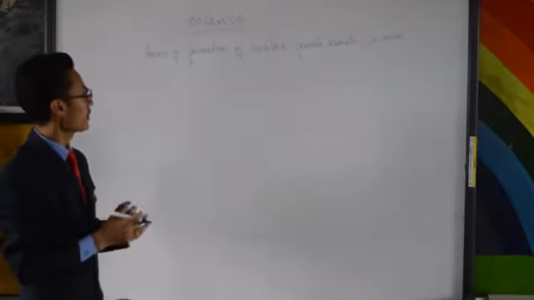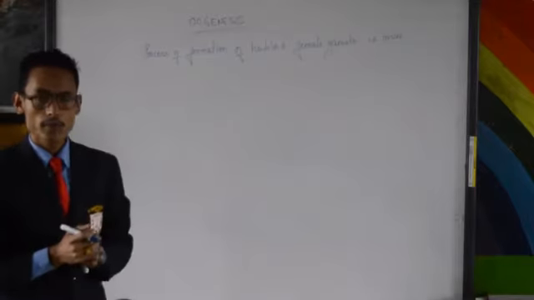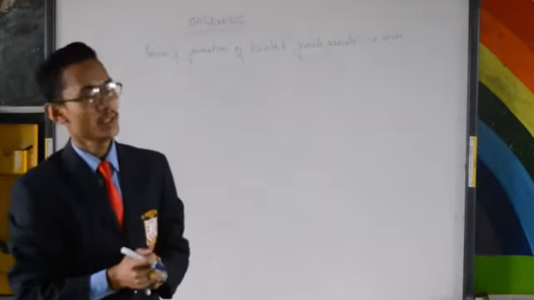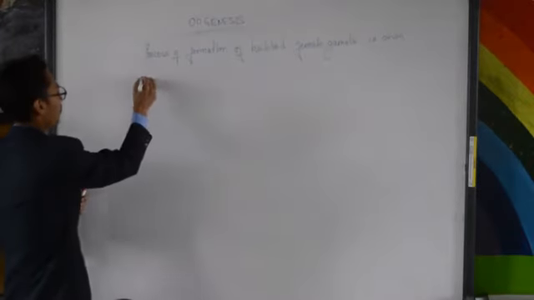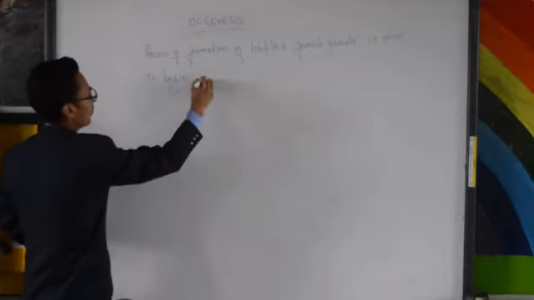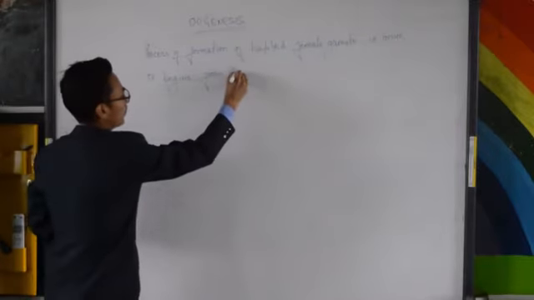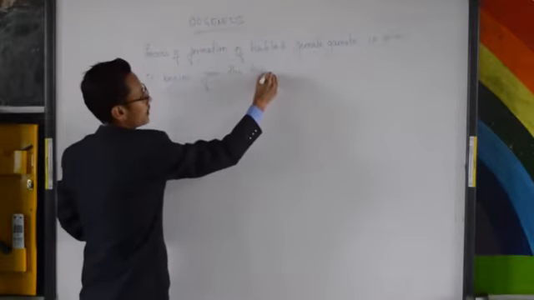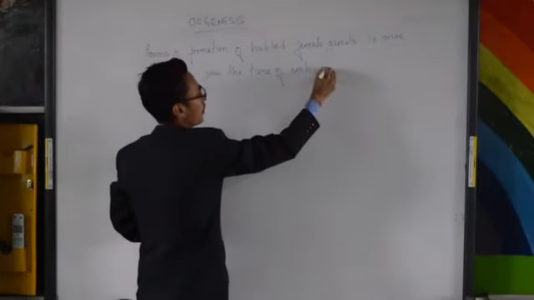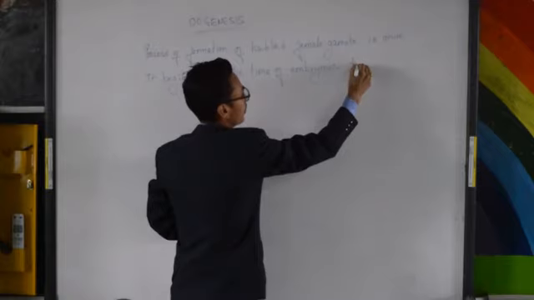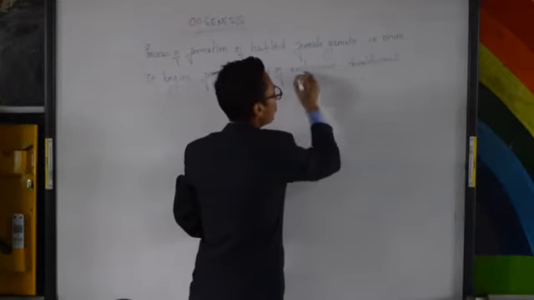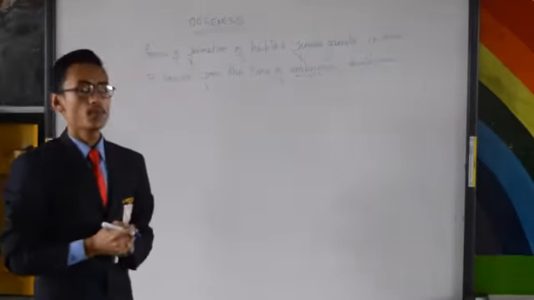So during oogenesis, there will be formation of haploid female gamete, that is ovum, from the ovaries. And it begins from the time of embryonic development. Right? So it begins from the time of embryonic development.